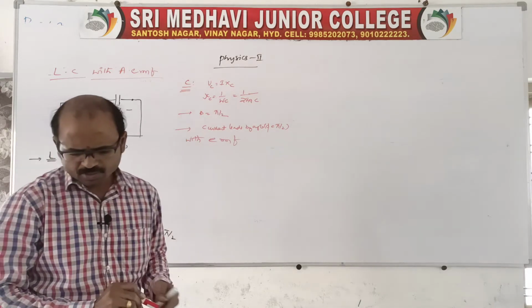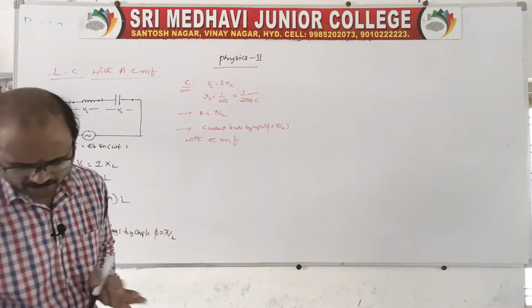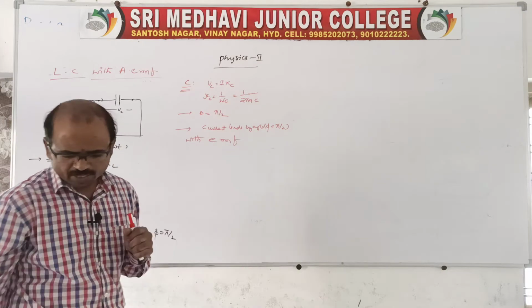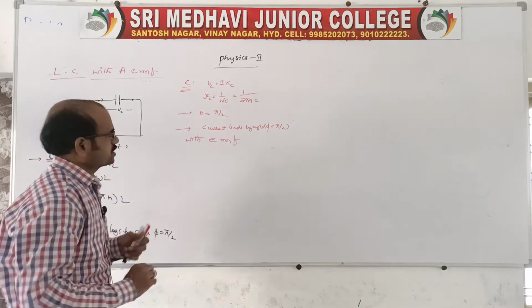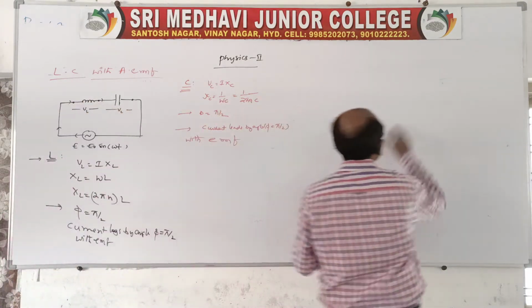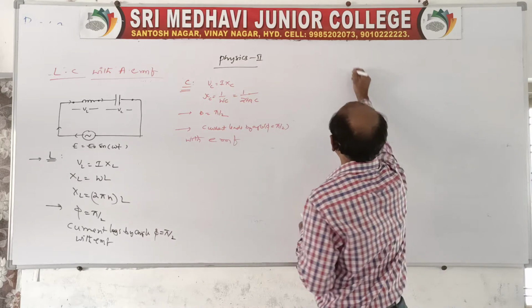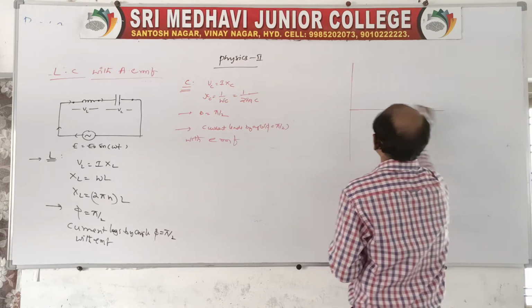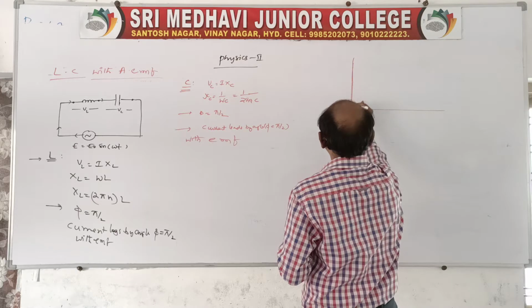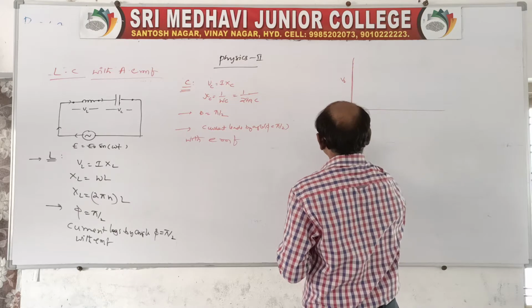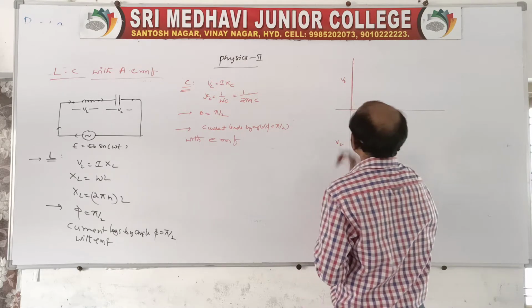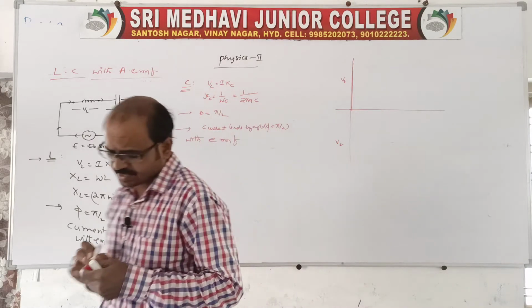This is what is given related to the alternators, and now we need to draw a graph for these cases. Take both L and C. Here it is represented as VL and VC.